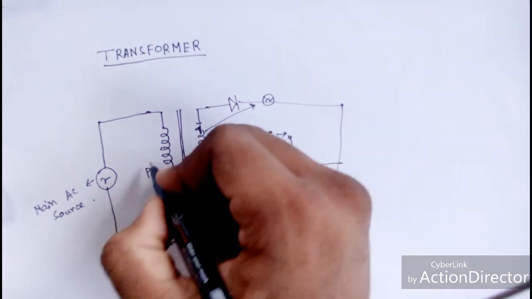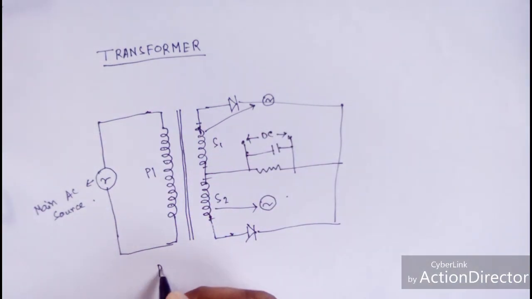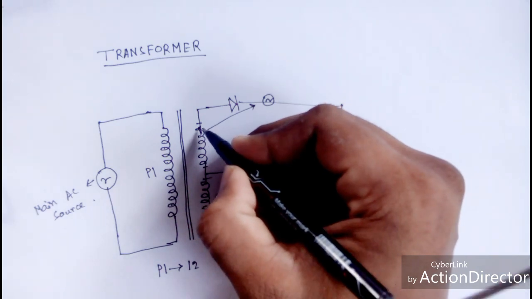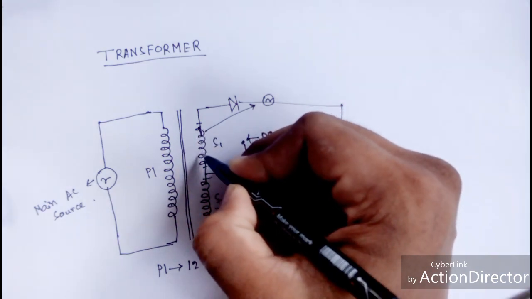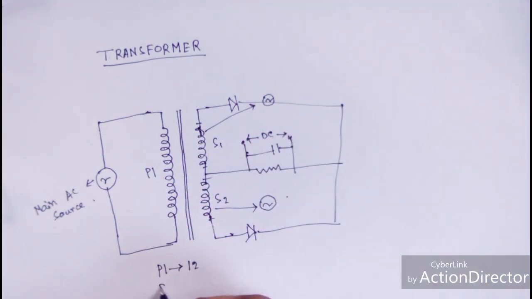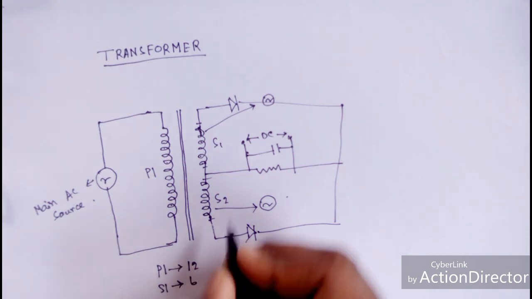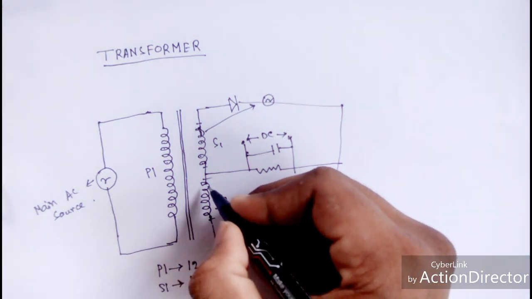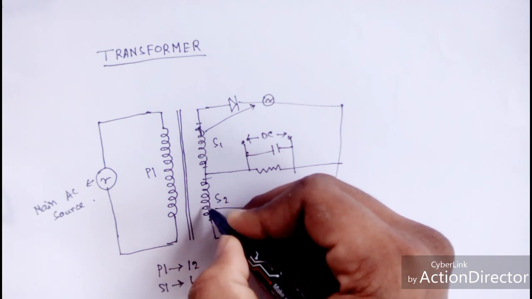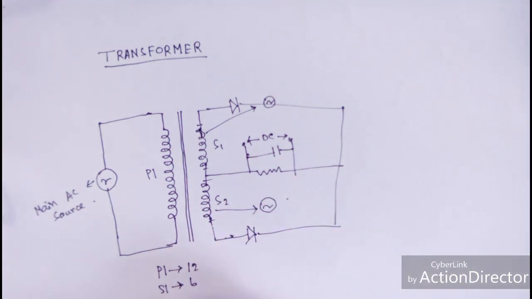12. So P1 has 12 turns, and S1 has 1, 2, 3, 4, 5, 6, and last, S2, 1, 2, 3, 4, 5, 6.